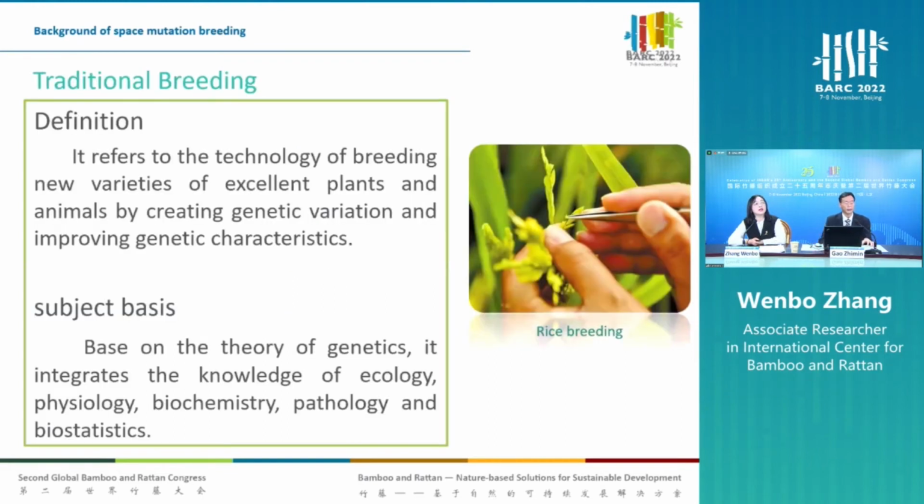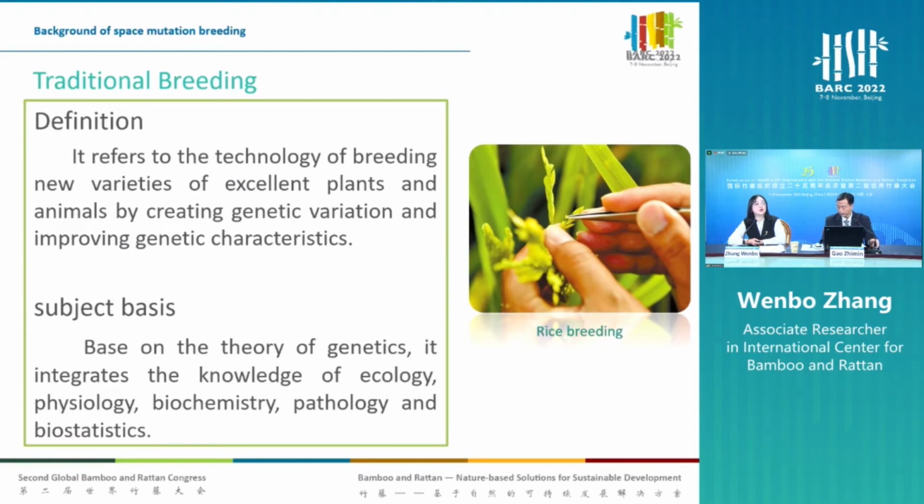There are many differences between traditional breeding and space mutation breeding. Traditional breeding refers to the technology of breeding new varieties of excellent plants and animals that creates genetic variants and improves genetic characteristics.